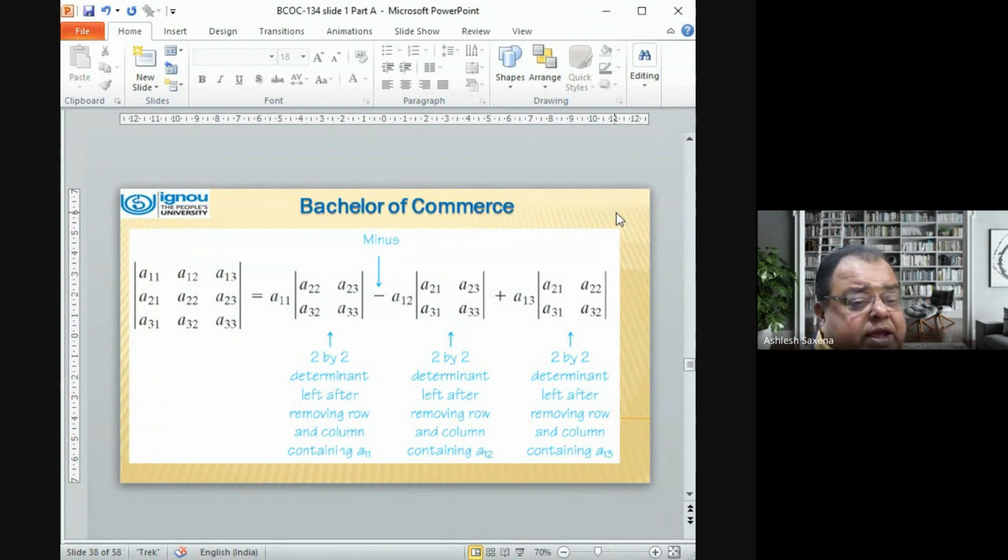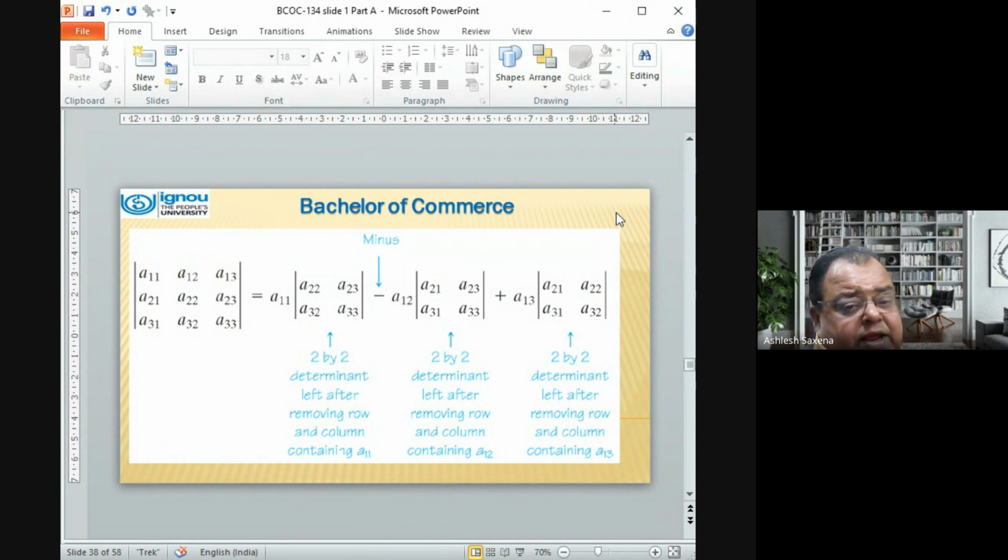When you are expanding across A11, so considering A11, you will remove A12 and A13 from the row and A21 and A31 from the column. You will be left with A22, A23 and A32 and A33. First one is plus, second one is minus.